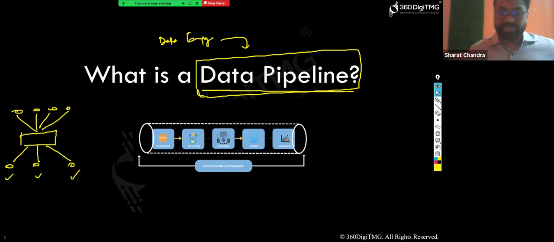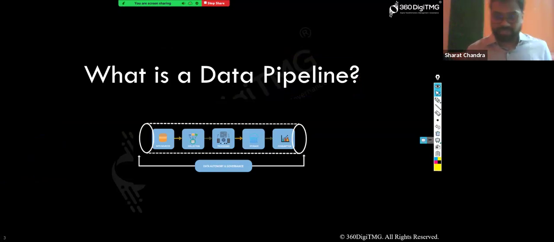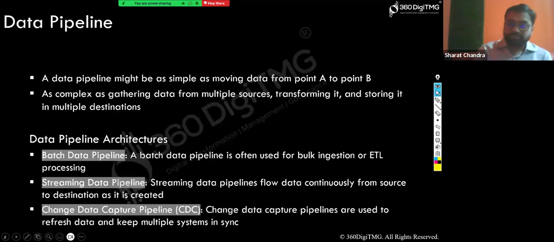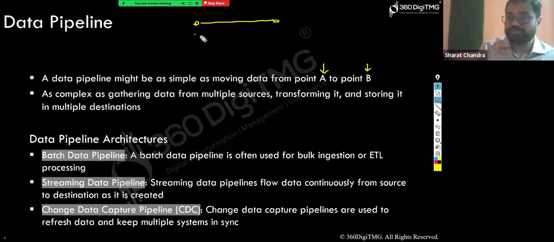But what exactly is this data pipeline? Where does this come into the picture? So let us try and understand. When we talk about a data pipeline, the objective is to move the data from one point to another, that is, from source to destination.